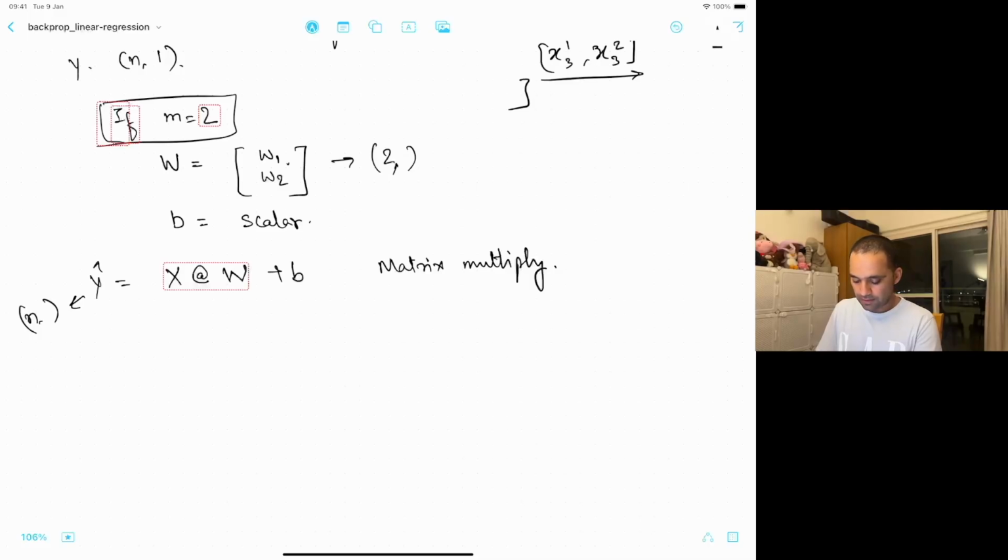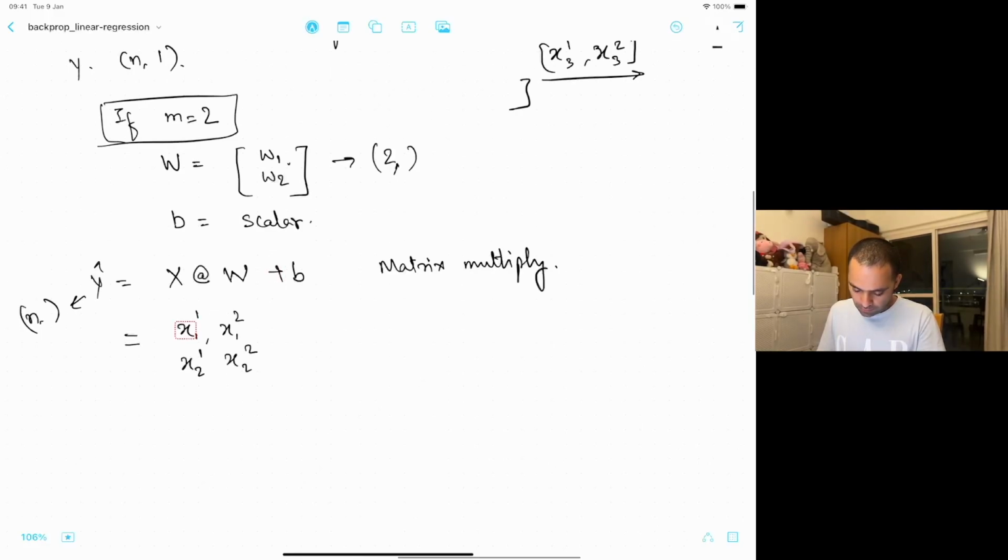If we expand this, it would be the matrix x11 x12, x21 x22, matrix multiplied with w1 w2, plus b.